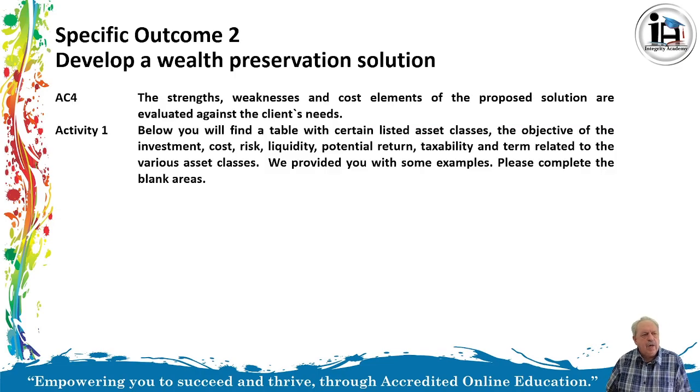Right, so let's have a look at assessment criteria 4. The strengths, weaknesses, and cost elements of the proposed solution are evaluated against the client's need. So we are now going to look at the suggestions that we've made and what type of products will save him what as far as costs, risks, liquidity, return, taxability, and so on. Below you'll find a table with certain listed asset classes.